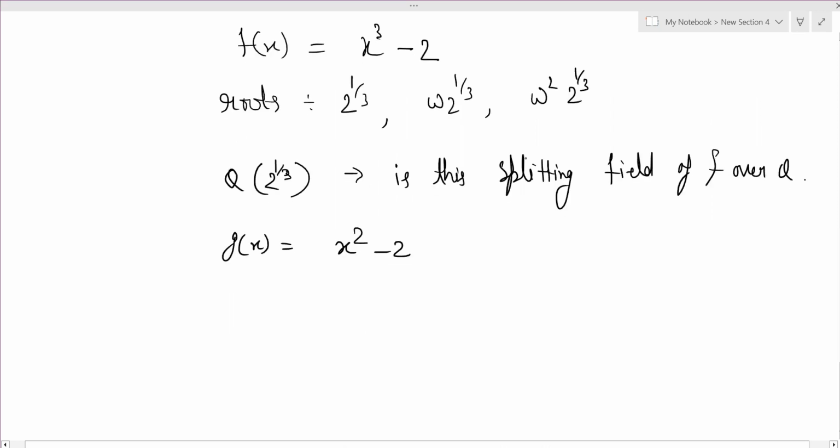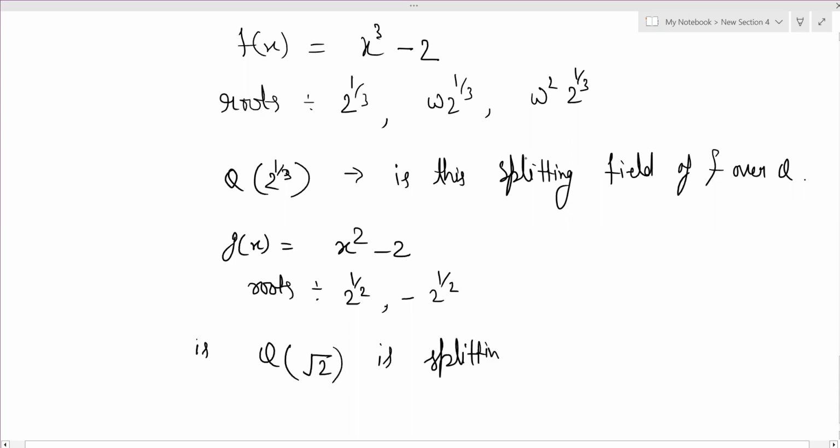Its roots are 2 to the power 1/2 and minus 2 to the power 1/2. Is Q(root 2) a splitting field for g over Q? I have given you two examples.